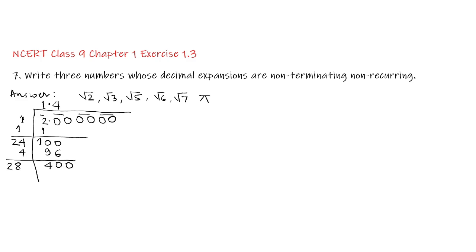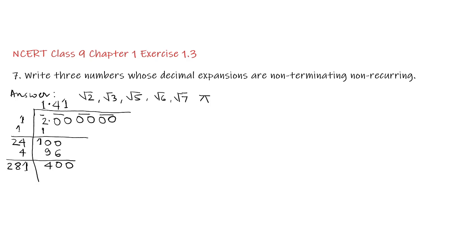Now after 28, I have to put a digit in such a way so that it is less than 400, and the same digit is to be put in the quotient. So if I put 2, then this becomes 282 multiplied by 2, which will be more than 400. So I put 1 and it becomes 281, and I put 1 in the quotient.